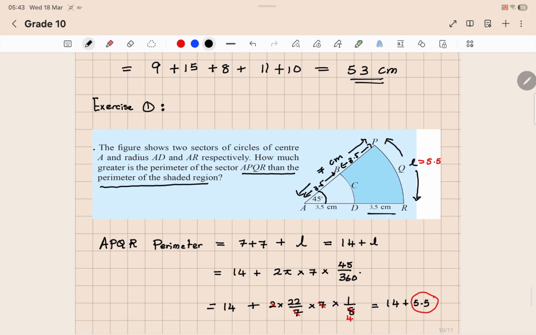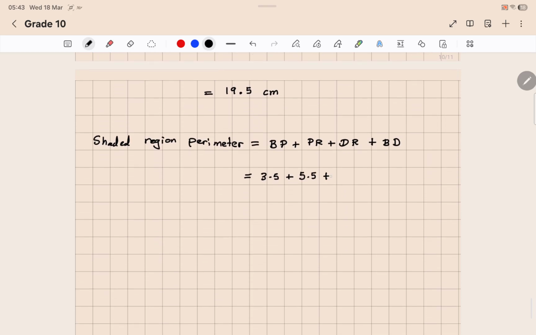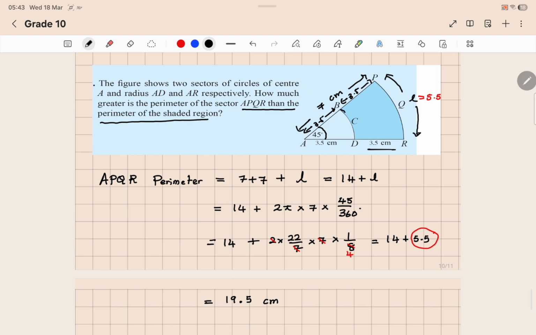And DR length we know, which is 3.5. The only length missing is BD, that is this small sector's arc length, with radius 3.5.